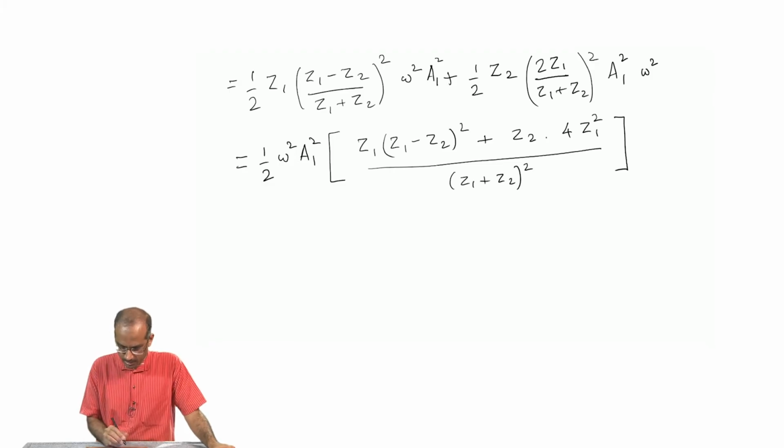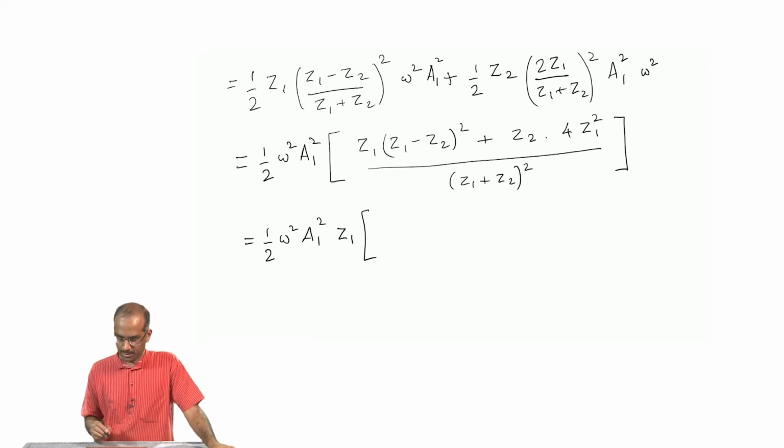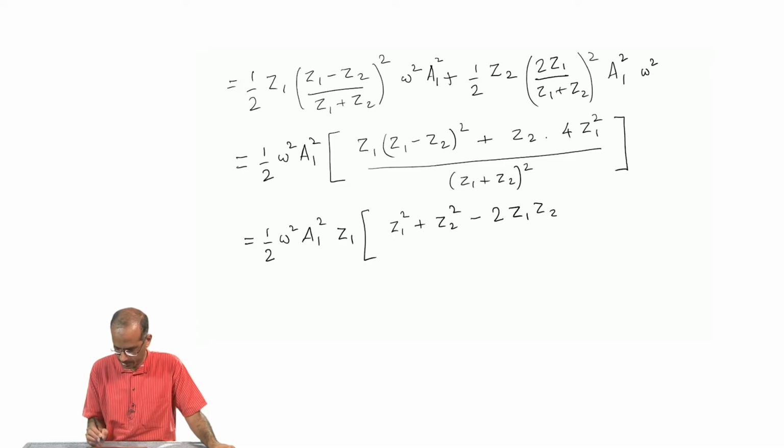So, if I take out Z1 again, I should have half omega square A1 square Z1, and this is going to give me Z1 square plus Z2 square minus 2 Z1 Z2 plus 4 Z1 Z2, and the whole thing divided by Z1 plus Z2 whole square.